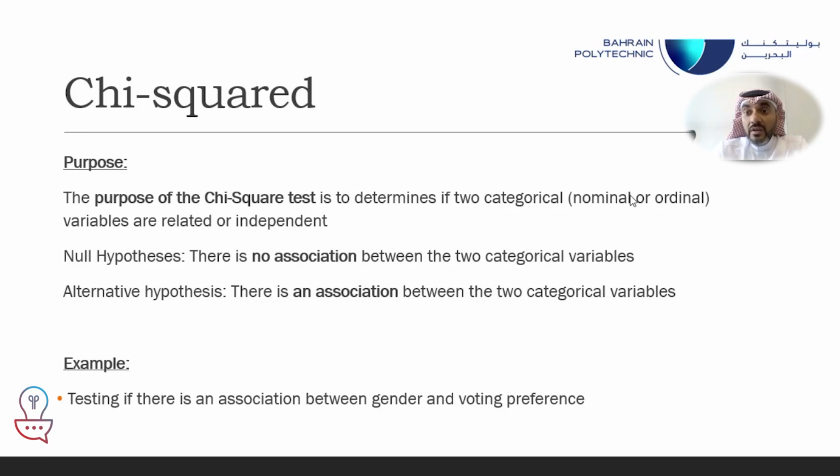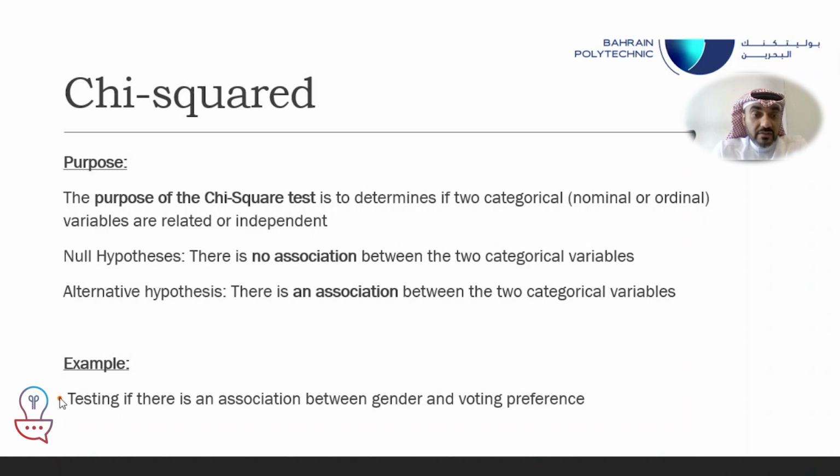So you have nominal or ordinal data. You want to see whether they are independent or related, meaning dependent. So your null hypothesis is that there is no association, so they are independent of each other, against the alternative that there is a relationship between these two categorical variables.